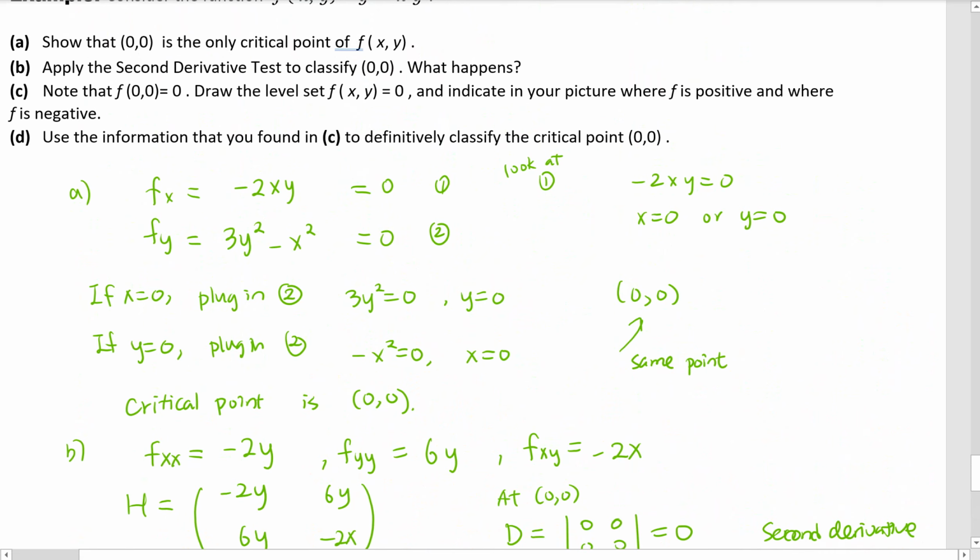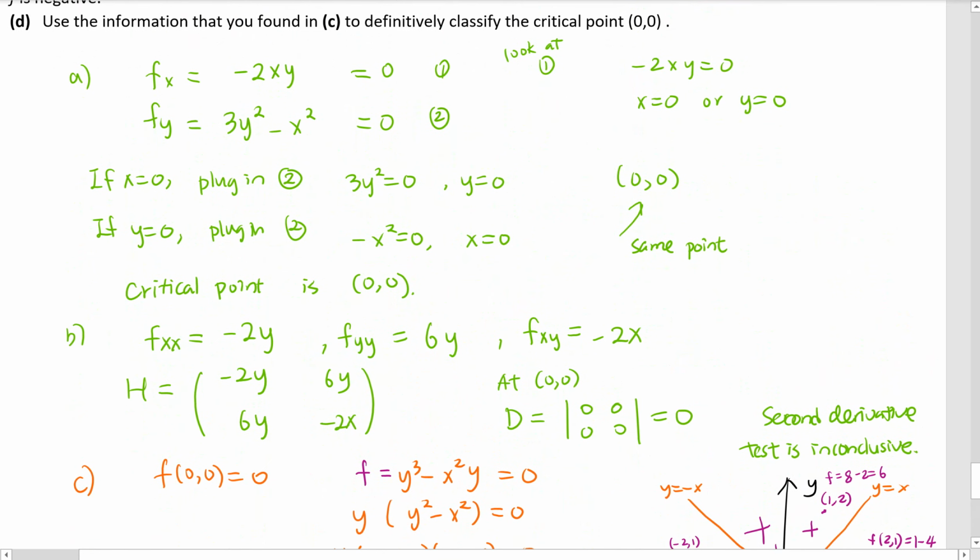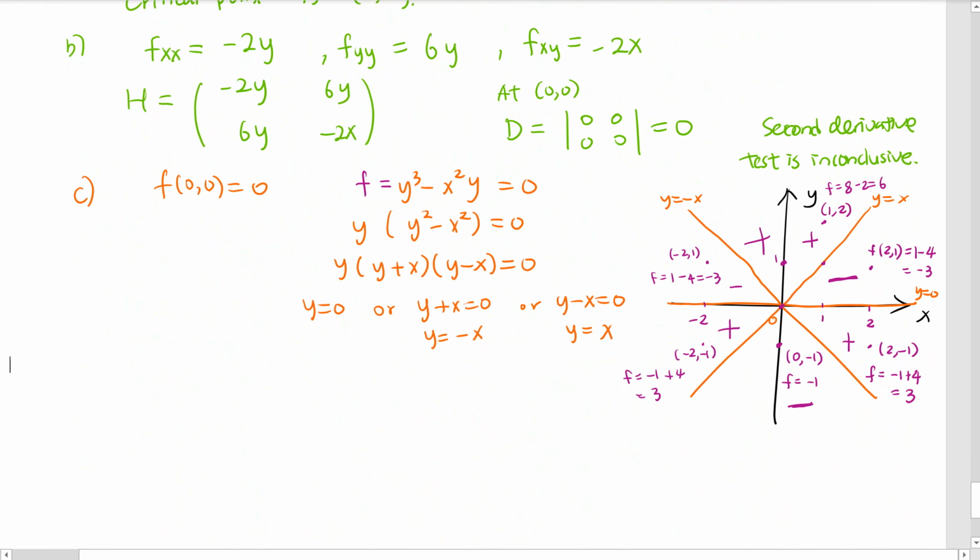Right, part D. Use the information we found in part C to definitively classify the critical points. So we know it's a saddle point because near it, some points have function values bigger than or equal to it, and some points have function values smaller than it, right? So we know that 0, 0 is a saddle point.